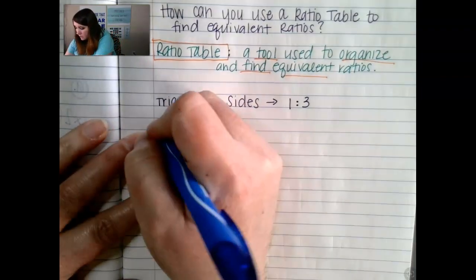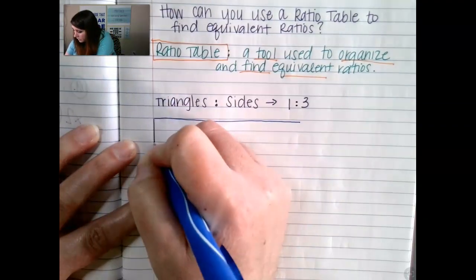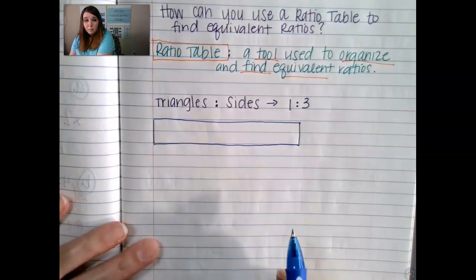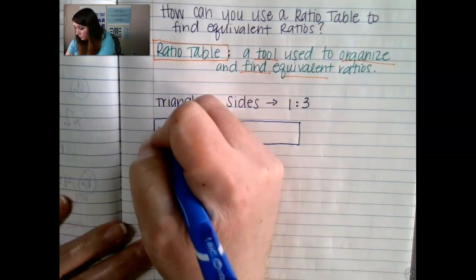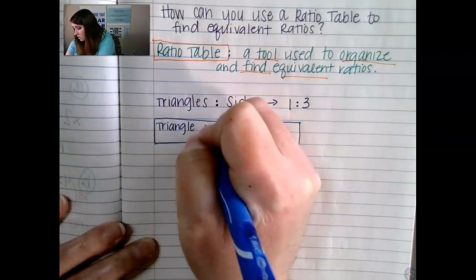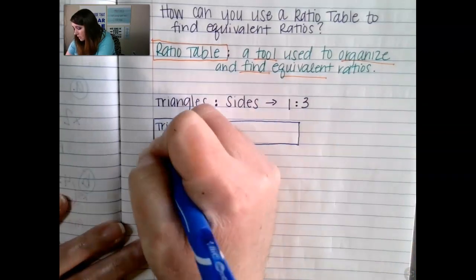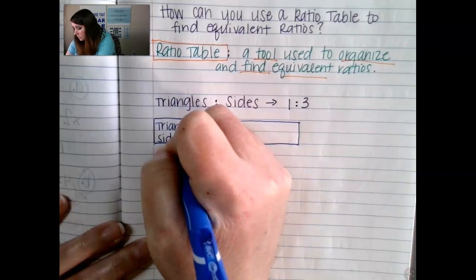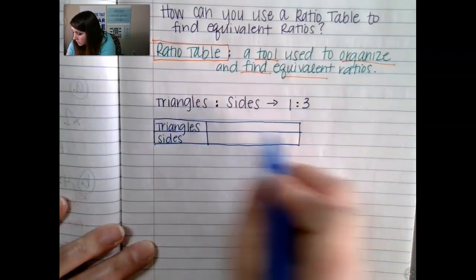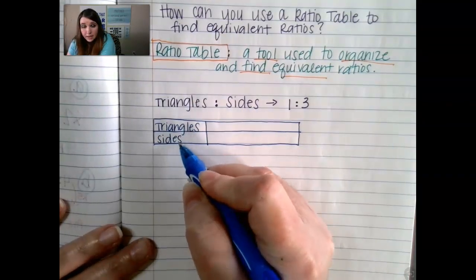So a ratio table looks like this. It is a big rectangle. On the top we have our triangles. On the bottom we have sides. So we are comparing triangles to sides, triangles to sides.